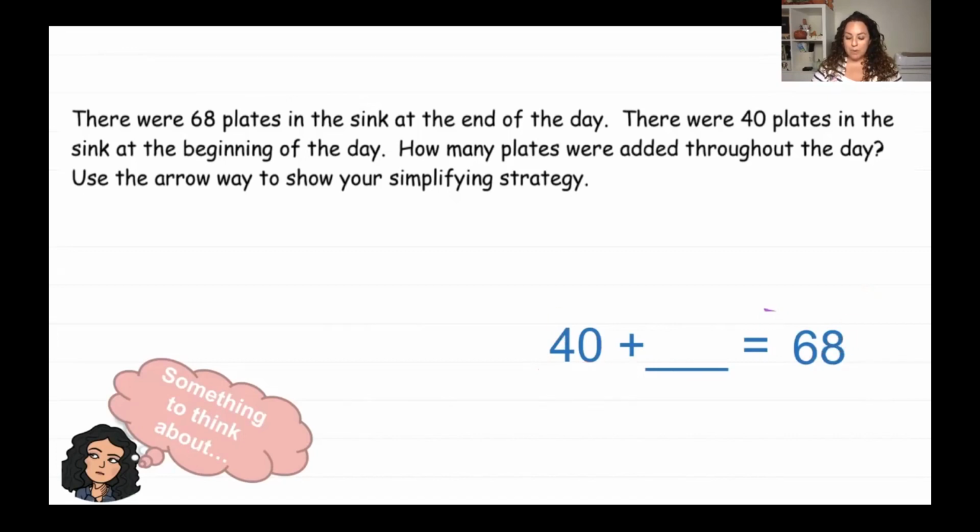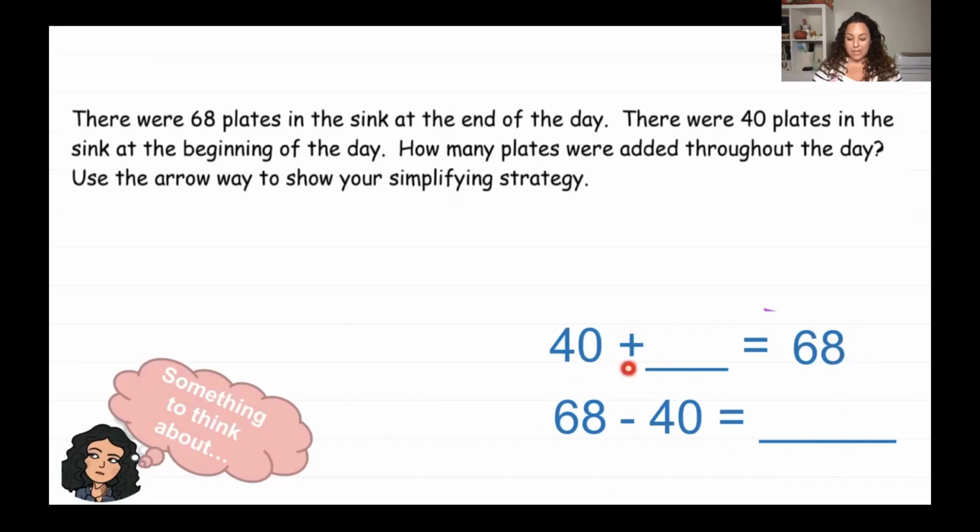But remember when I put my whole first and I subtract one of the parts, I can get the answer just like that. So when I'm doing my number way, I can do it like this, where I start at 40 and I get to 68. But when I look at 68, I know that I'm going to have to jump a few tens, and then I'm going to have to jump a lot of ones to get there, because I started with 0 ones, and that's a lot to do.